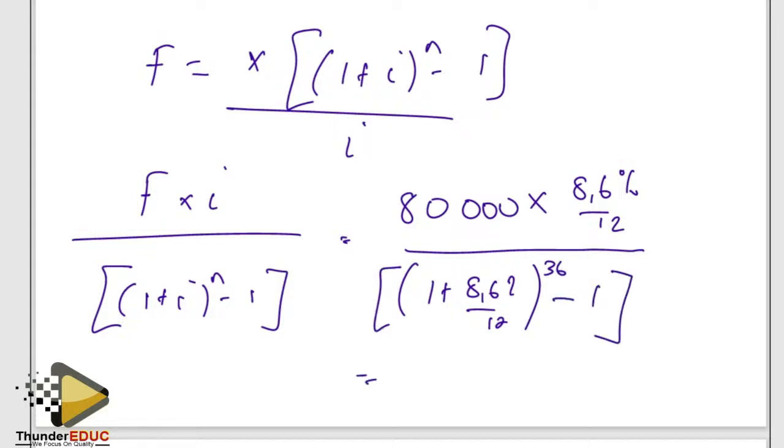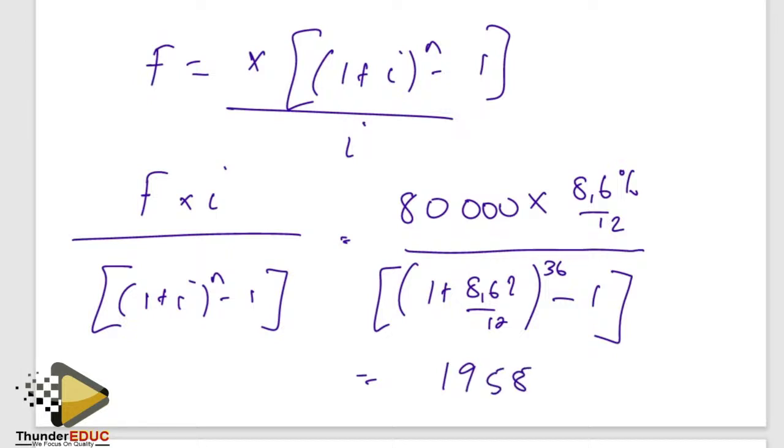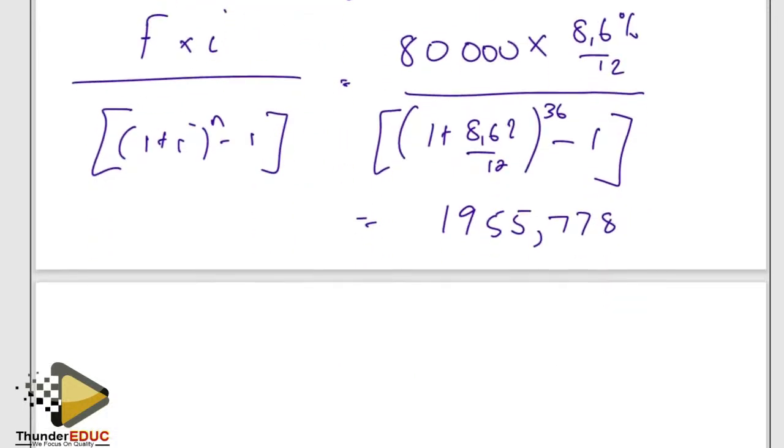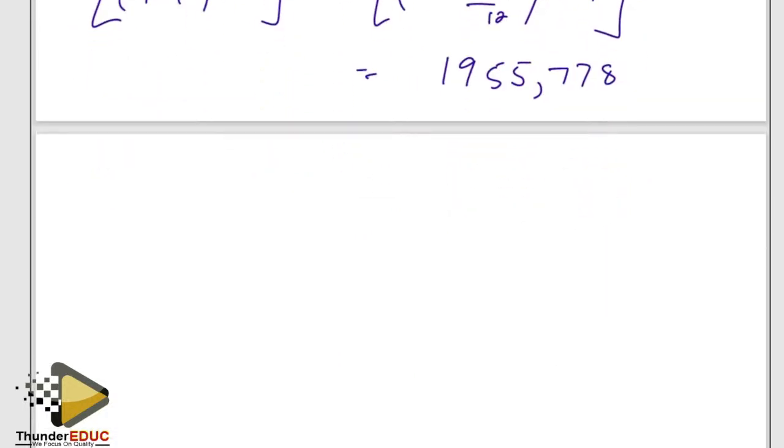Okay, when I put this into my calculator, I'm ending up with 1955. It's a 5, not 8. So 1955.778. Okay, so that's how much Tandy will be paying into the account.